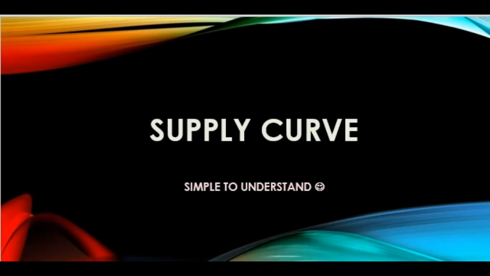For example, if we take oil supply, let's check with an example of a graph. This is the supply curve. I am just taking an example of oil supply here.